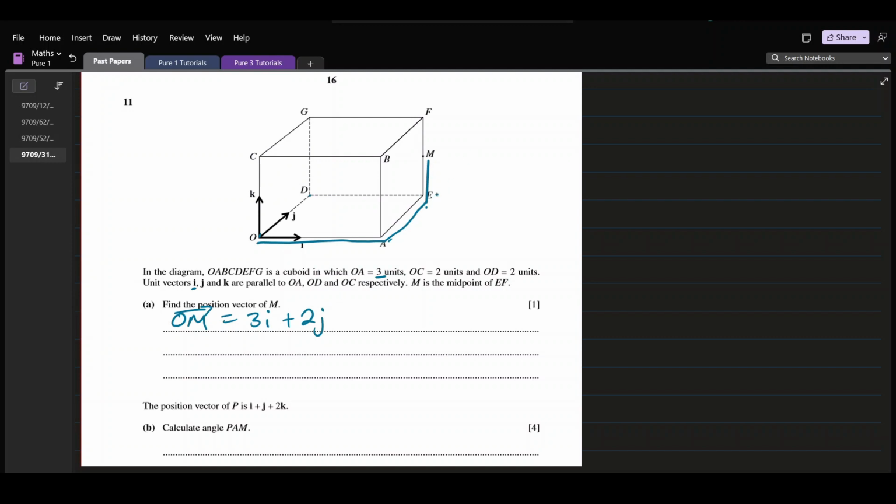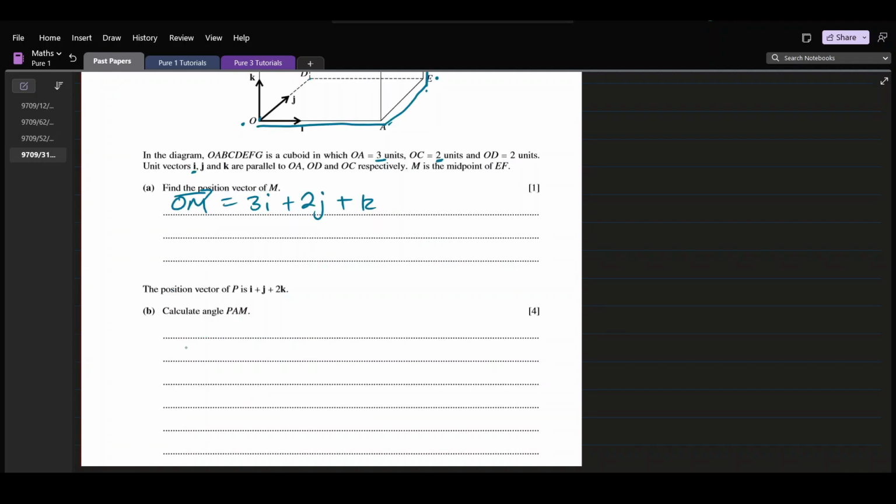And then E to M is parallel to OC, and EM is half of OC. We're told that OC is 2 units, so half of that would be 1. Since it's parallel to the unit vector k, that's 1k, or we can just simply write that as k. And this would be our final answer.